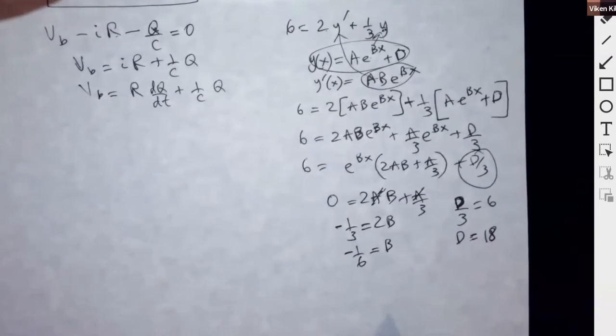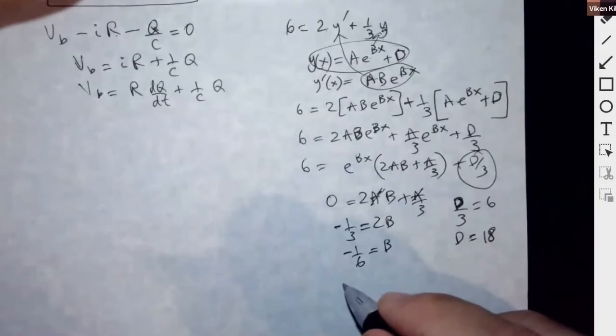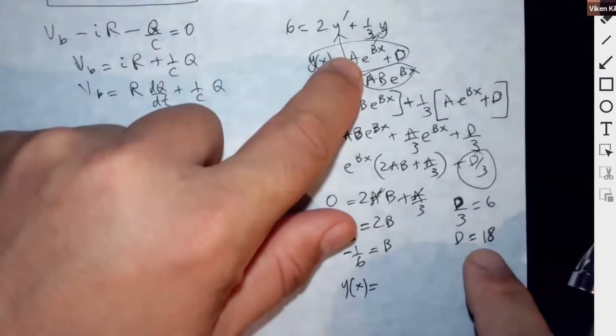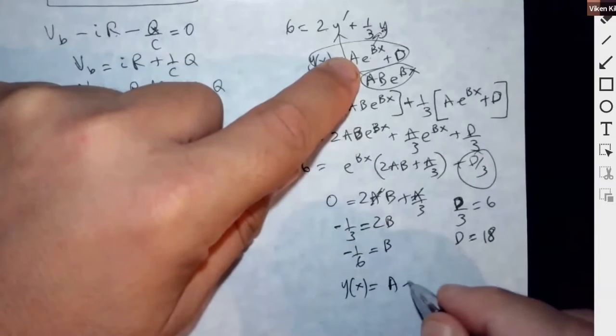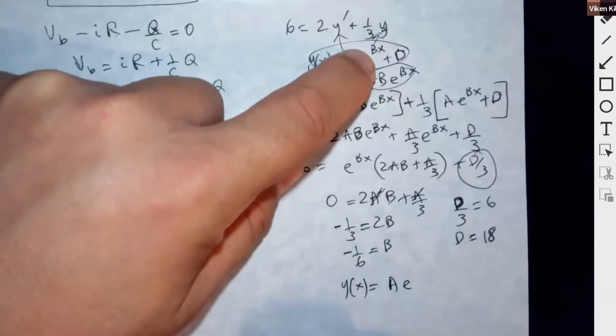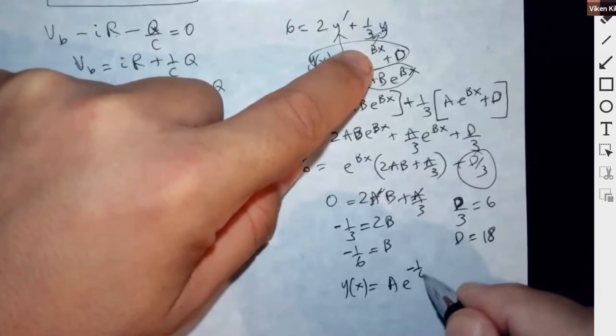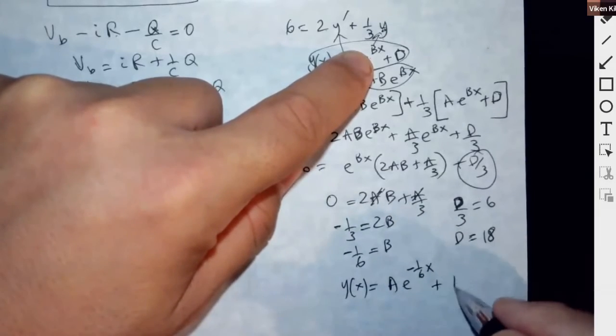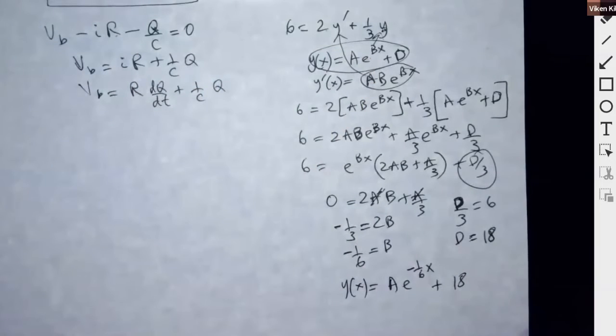So then what will that be? Y of x will be equal to, we didn't solve for a yet, so a is just a, but then b has to be negative 1 over 6x, plus d has to be 18. And then now what does a have to be? How do we know what a has to be?